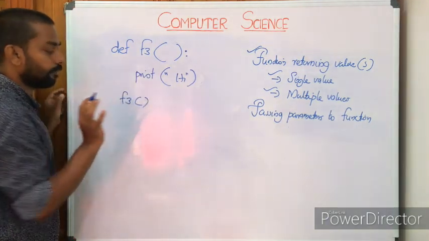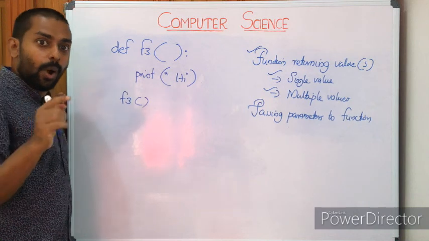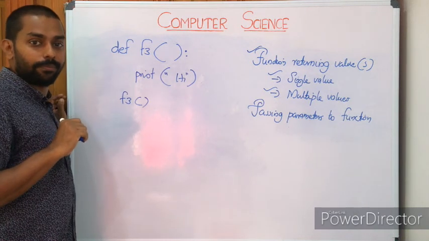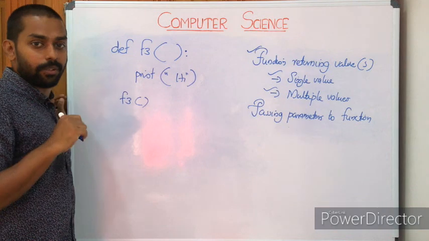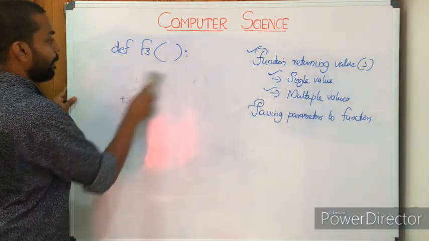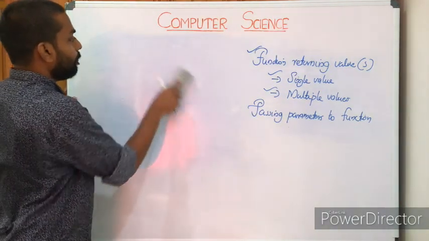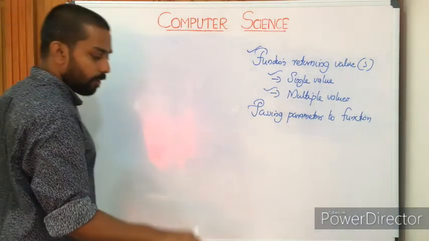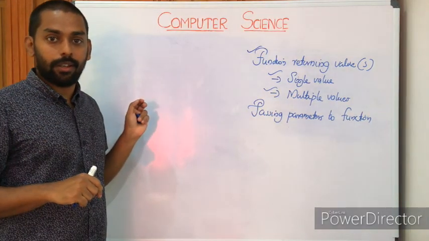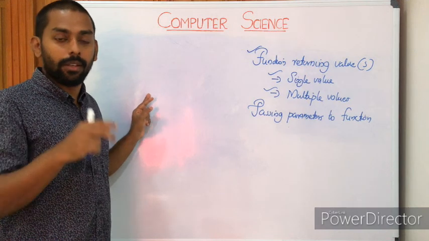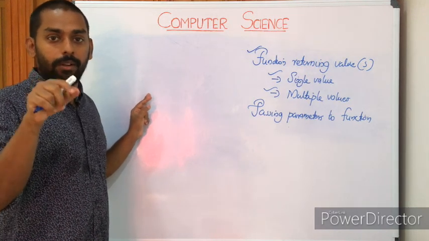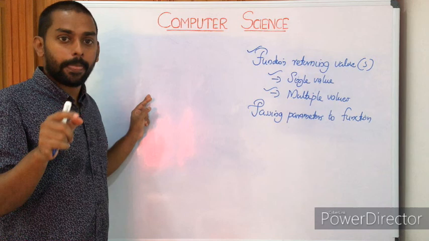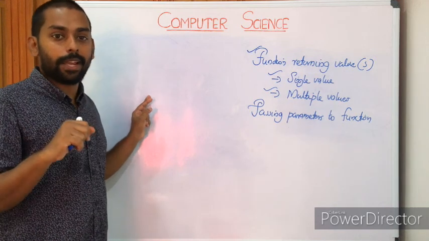And how can we call the function? f3. That's it. How can you call the first function? Hope you remember the first function, right? What was the first variation of functions? It is one-to-one mapping, right? We had a function f1 taking one parameter, that is x, which returns x into x minus 1.